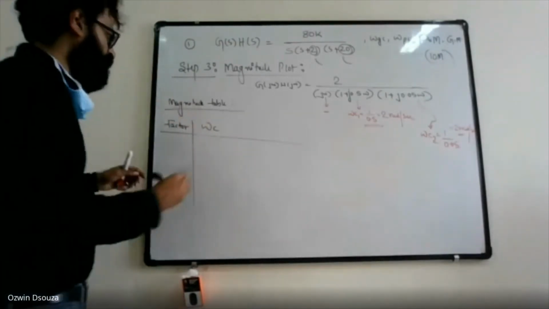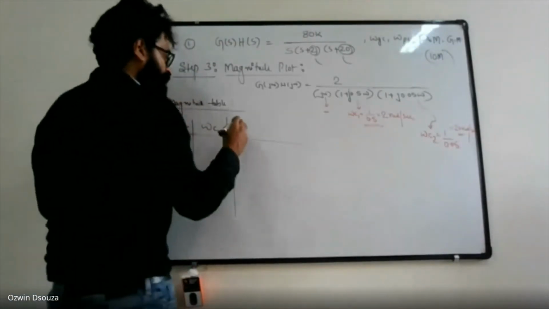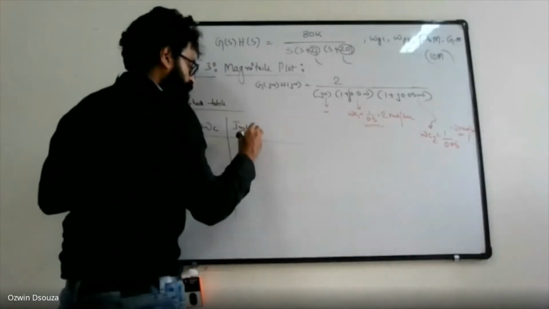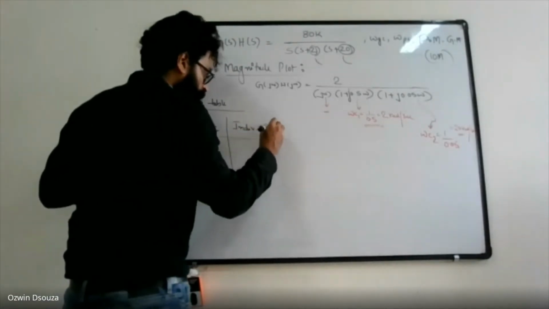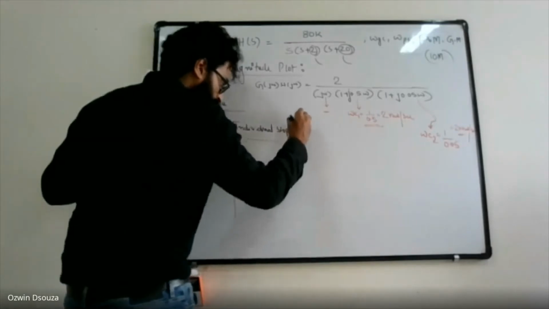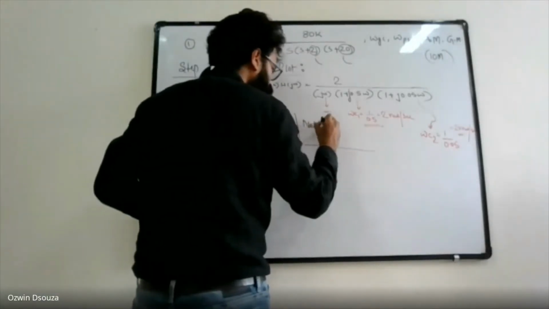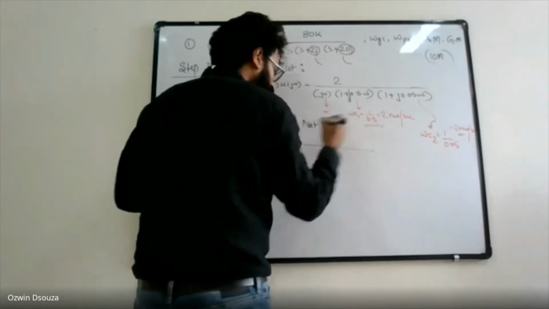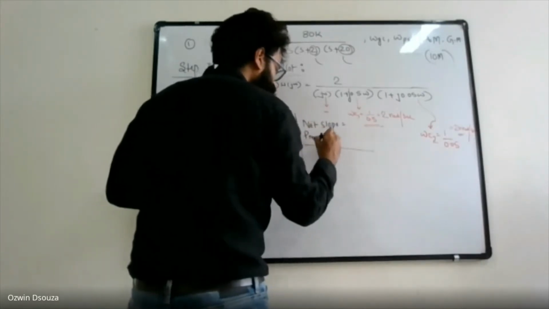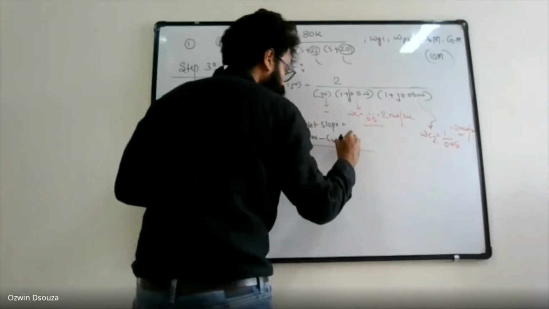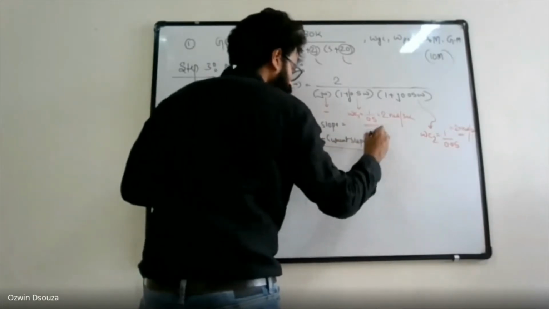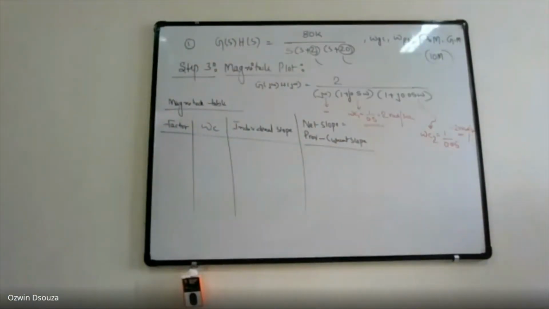Omega c stands for corner frequency. Okay. And then let me write individual slope. Okay. And then let me write the net slope. Right. What is net slope? Net slope is previous slope minus current slope. So previous slope minus current slope.